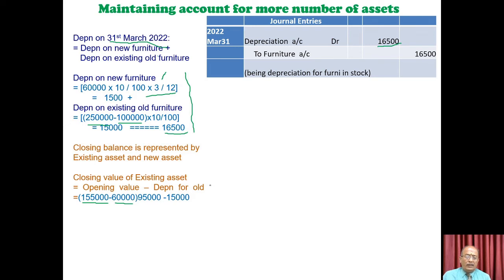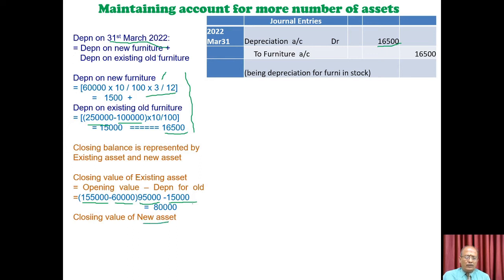So remaining 95,000 is there. From that 95,000, you have to subtract this 15,000 depreciation. So what would it be? It will be 80,000. Along with that, the closing value of the new asset.